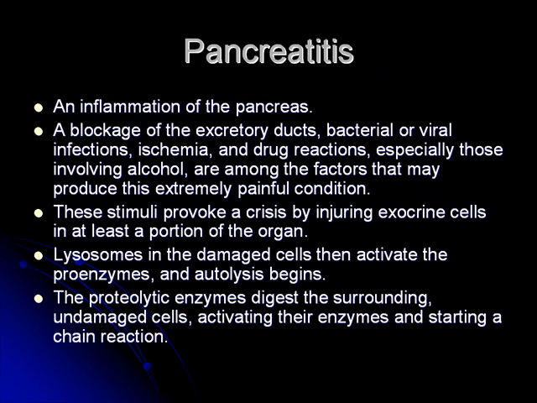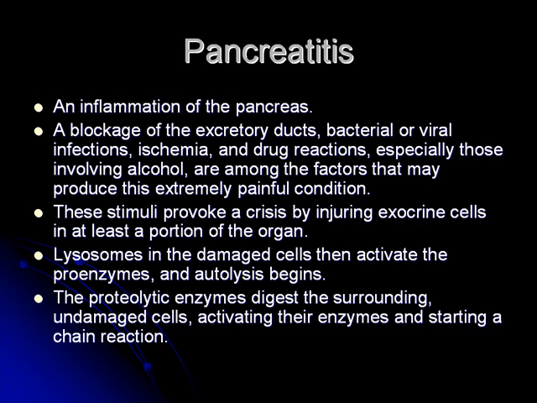Now, the pancreas, as we've talked about other organ structures, can also become inflamed. The condition is referred to as pancreatitis. This is an inflammation of the pancreas. A blockage in the excretory ducts, bacterial and/or viral infections, ischemia, or drug reactions, especially those involving alcohol, are among the factors that may produce this extremely painful condition.